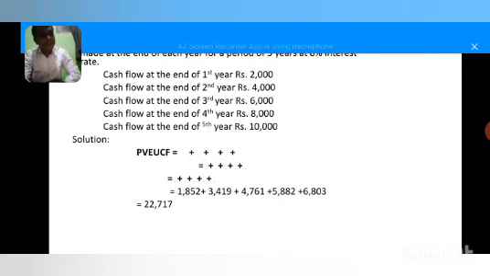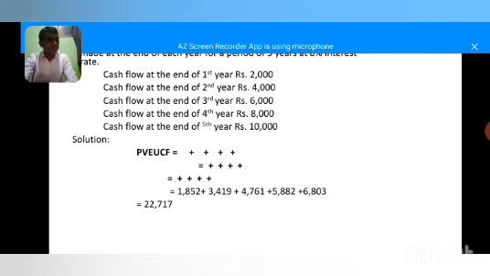Calculate the present value of uneven cash flow of the following series of payments made at the end of each year for a period of 5 years at 8% interest rate. Now you can write one by one.